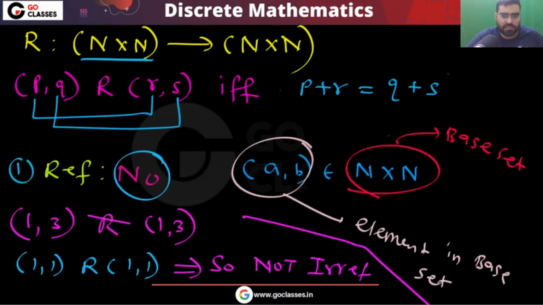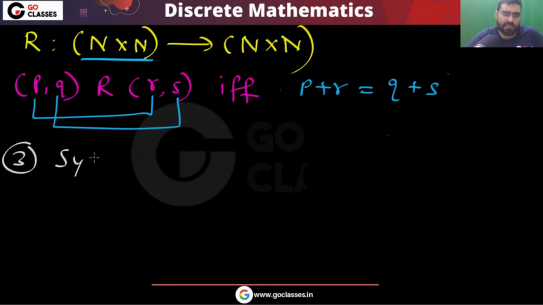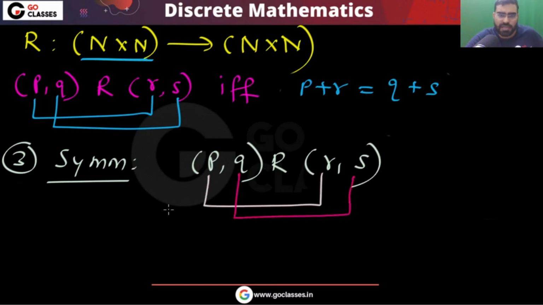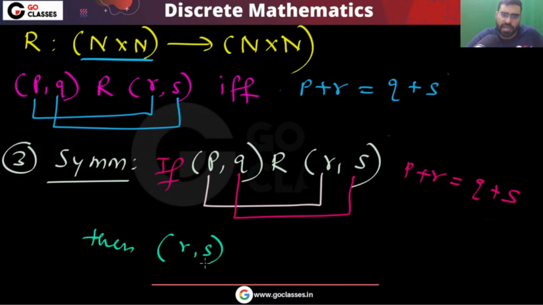What about the next, the third one, what about symmetric? Can you say it is symmetric? If this is related to this, means if p plus r is equal to q plus s, then can I say (r, s) will be related to (p, q)?